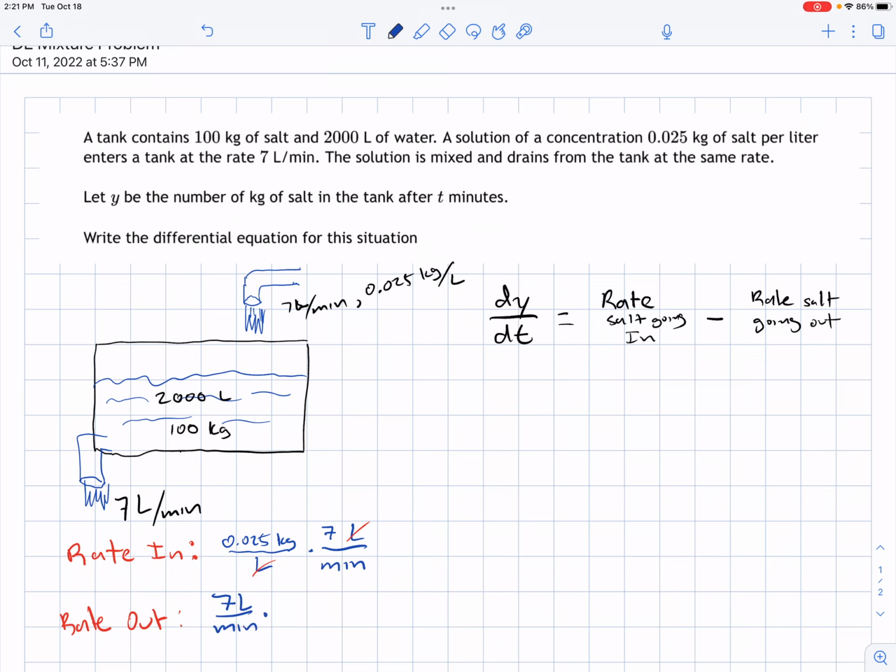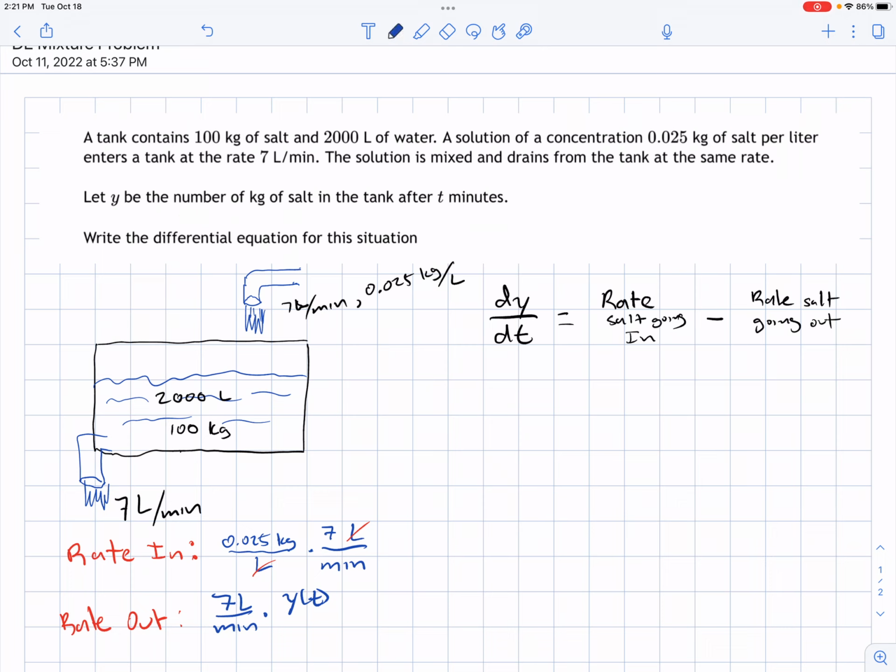Again, we want to look for the rate that the salt is going out, so we need to convert that to kilograms of salt per minute. We're going to need y of t because that's how much salt there is. So y is the number of kilograms of salt.